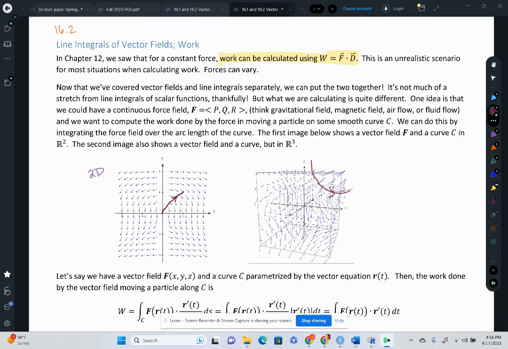And then we just want to compute the work done by a force in moving a particle on some smooth curve within that field. Okay, so in each of these cases, this curve right here, that is the curve C. So we're going to try to move some particle along that curve. Same in the 3D case. This is our curve C.